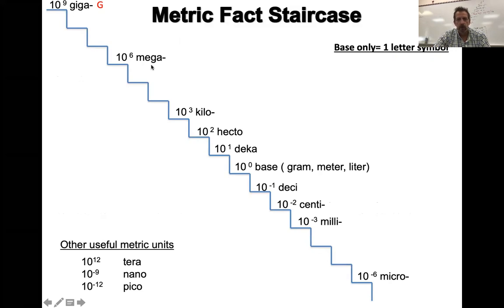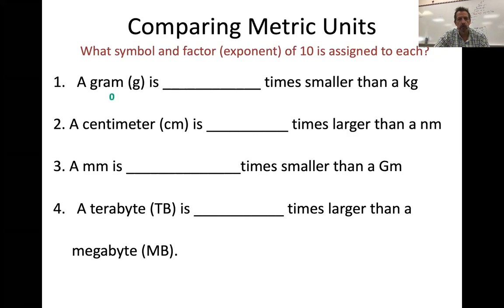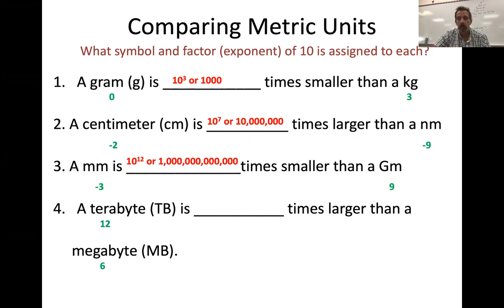So 10 to the 12 compared to 10 to the 6, that's 6 factors of 10 apart if we count it on a number line. So we would say 10 to the 6, or 1 followed by 6 zeros.